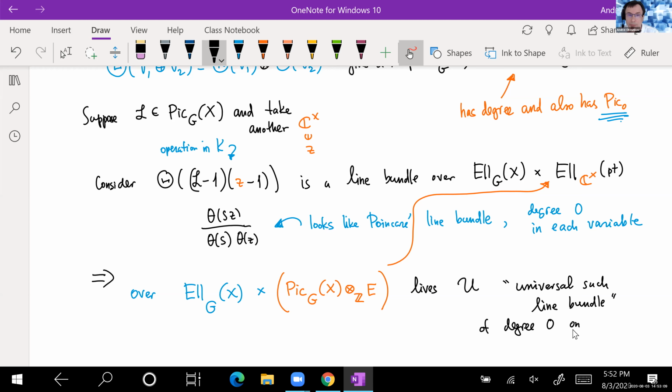I'm trying to say that we not only have interesting line bundles of degree 0, but in fact they naturally form families. And so we want some parameter space which would parameterize these line bundles of degree 0.